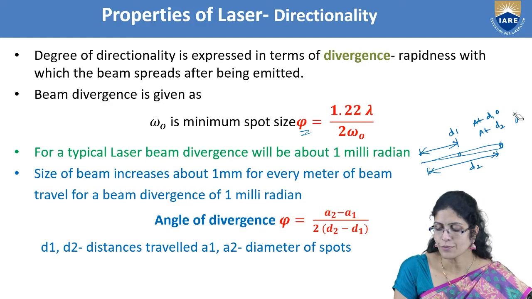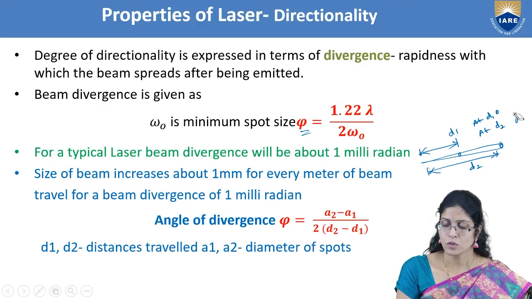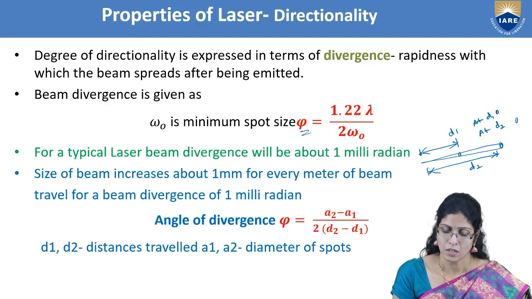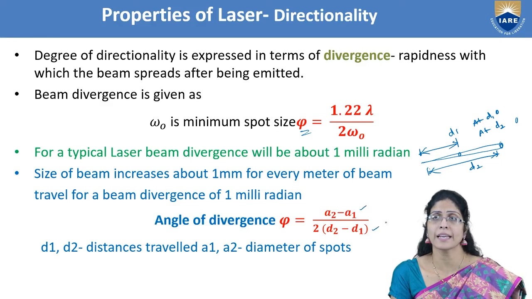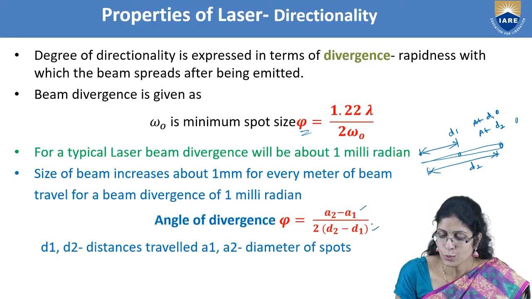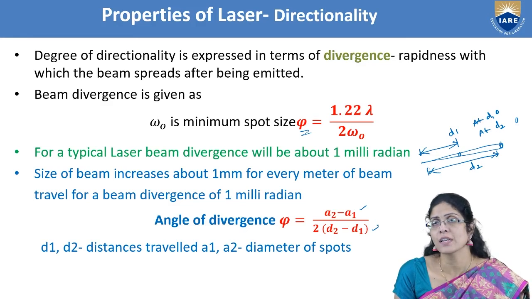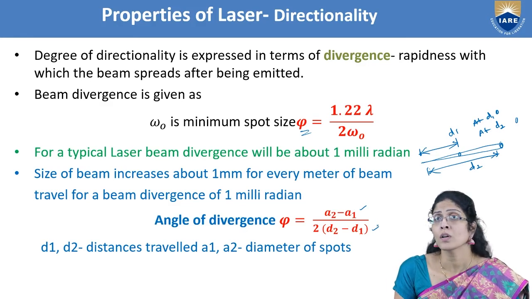So there is a difference in the spot size. You have to take the spot sizes as A2 at D2 distance and A1 at D1 distance, and if you substitute you can get the angle of divergence, and this angle of divergence will help you to understand how good the degree of directionality is.